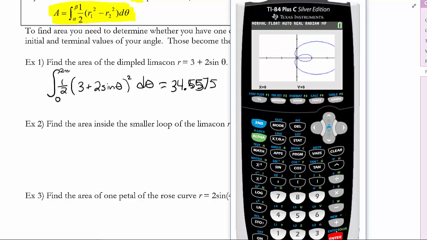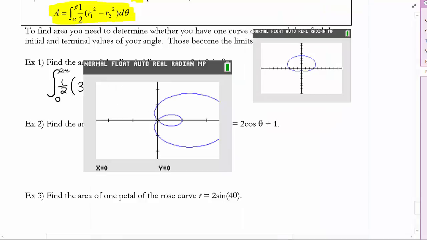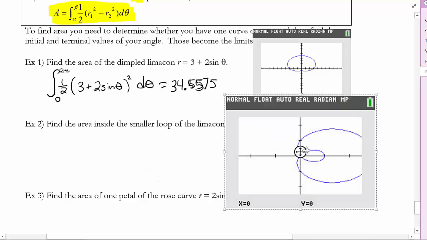Well, if you look at that loop there, I need to figure out where it starts and stops. If I look at it, it starts and stops right on the origin. So what I want to do for that one is I had r equals 2 cos theta plus 1. I want to set that equal to 0 to figure out when it hits the origin.